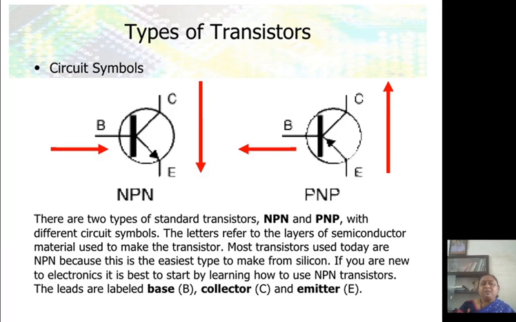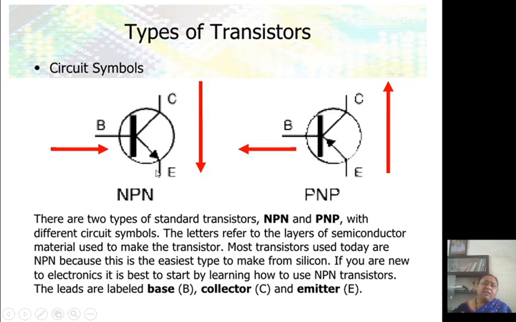Types of transistor. Now see in circuit. Symbol of NPN transistor as shown in figure. See here. The emitter terminal arrow is directed away from the base in the NPN transistor.